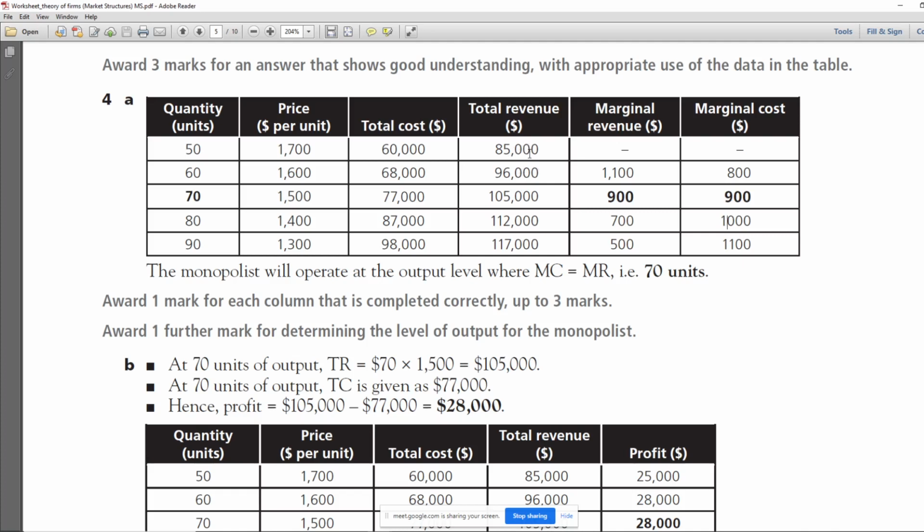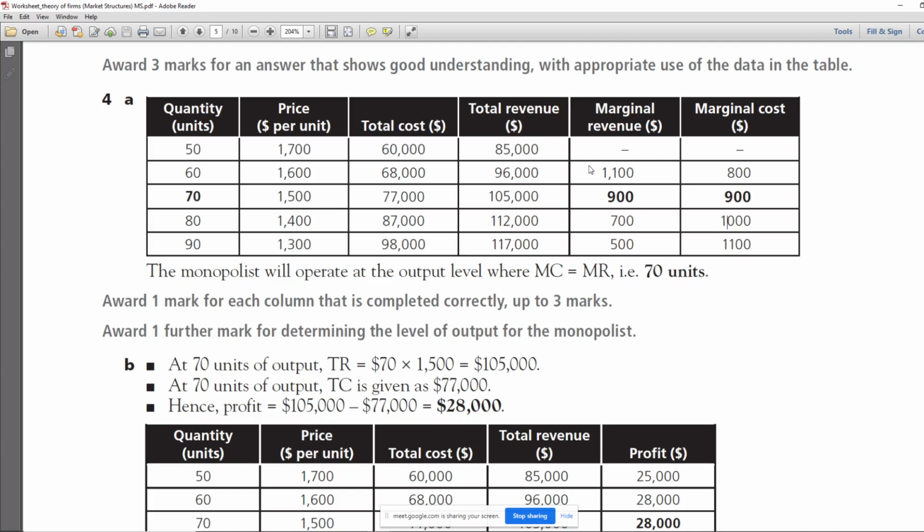Where the change in total revenue over the change in quantity. So sometimes in the exam, you may have to use that equation to calculate marginal revenue or marginal cost.